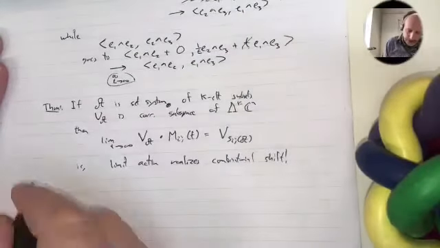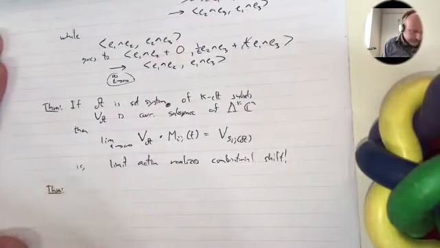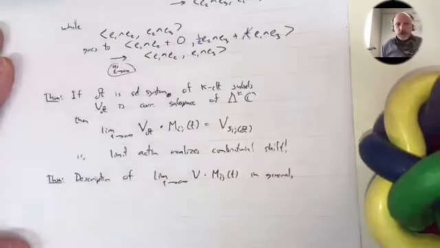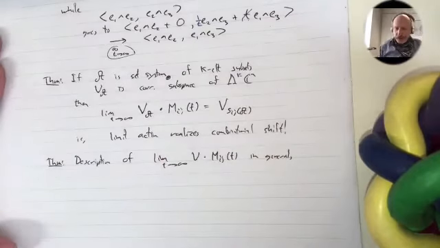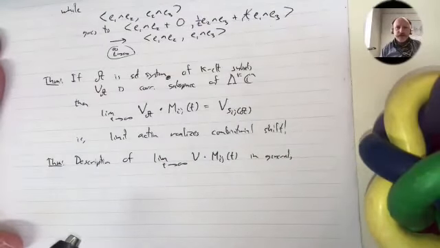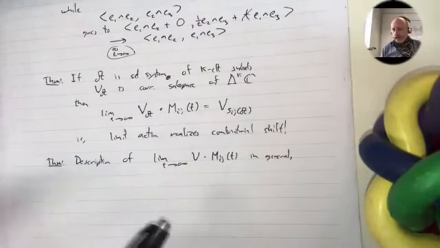Okay, I'll mention, and I can give the details on request, that there's a description of this limit in general. It's not so complicated, and it's a generalization of this combinatorial shift idea, but the details take a little bit of writing.